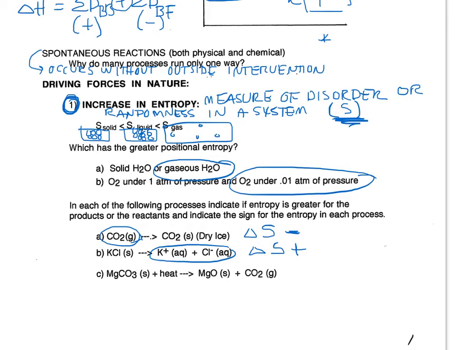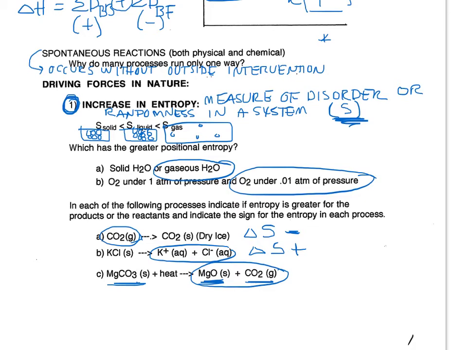Now we have magnesium carbonate that we are going to heat up. You notice here we have a solid, and here we have a solid, but the solid is accompanied in the products by a gas. There are two reasons why our products actually have greater entropy. One of them is that you do have a gaseous product that's formed.